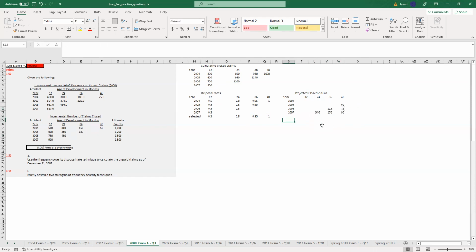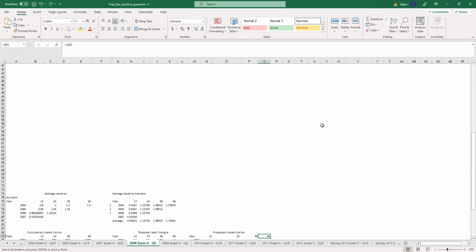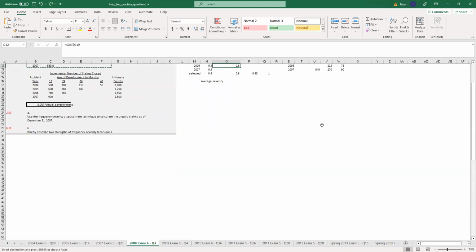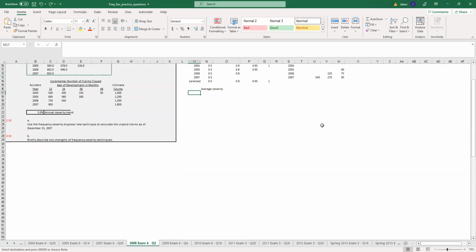So once we have this, the next part we need to get is the projected severity or the average severity. So the average severity, that's just going to be the paid claims divided by our closed claims. Some questions just directly give us the severity, but this one does need to be calculated from scratch.